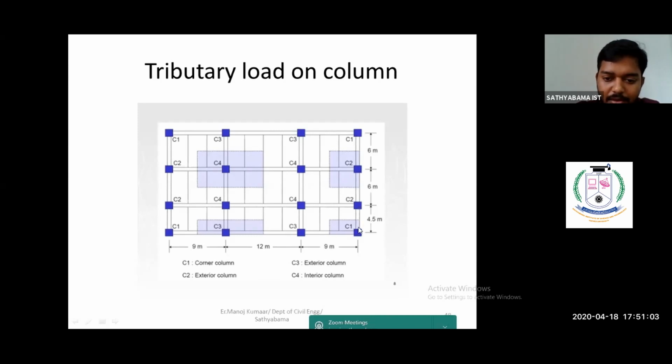If you find any corner column, it has to carry only a little amount of load, that is coming from only one slab, 1/4 of the load coming from one particular slab. So interior columns are subjected to maximum load, exterior columns are subjected to moderate load, and the corner columns are subjected to the least load in any building.